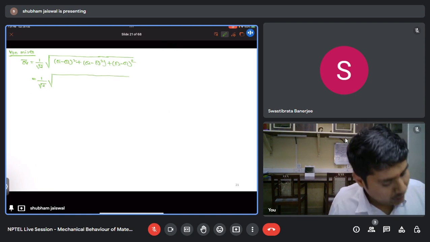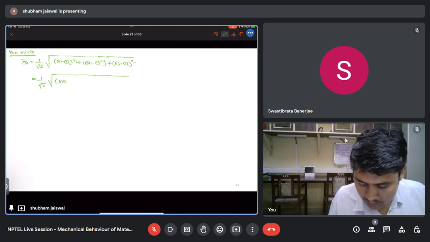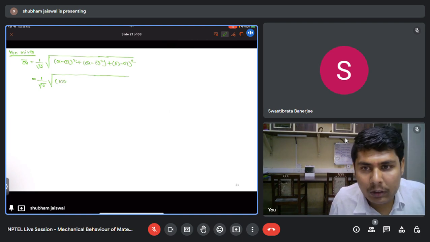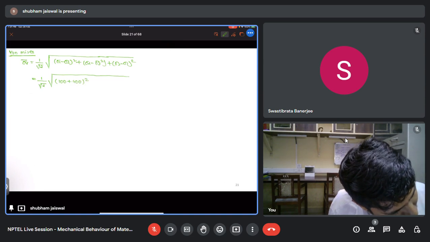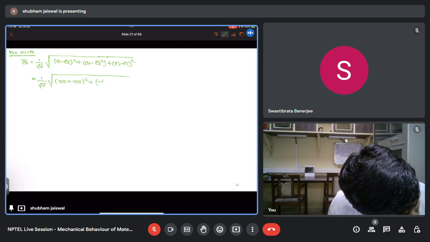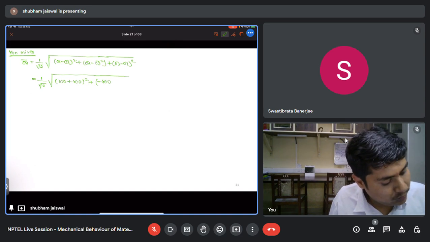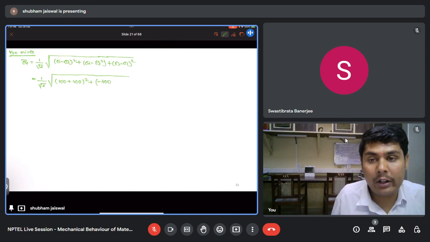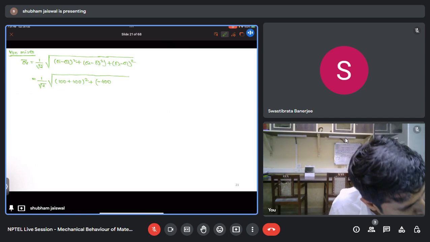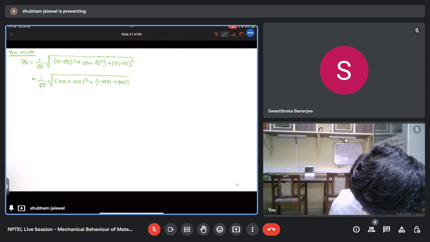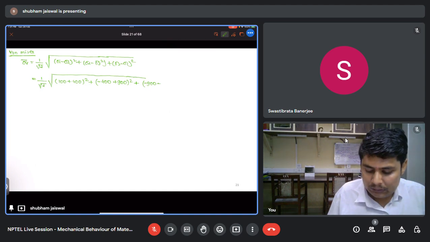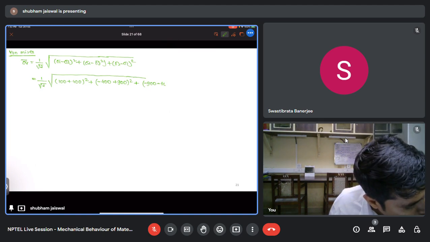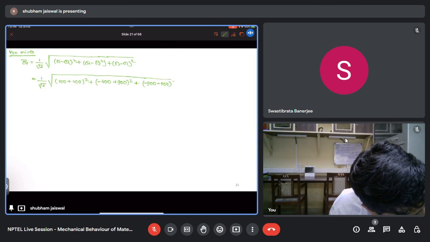I will get something like this, that is 100. Sigma 2 is minus 400 and this is minus, so it will be plus 400 square, plus minus 400, and sigma 3 is minus 900, minus minus plus, so plus 900 square, plus minus 900 minus 100 square.